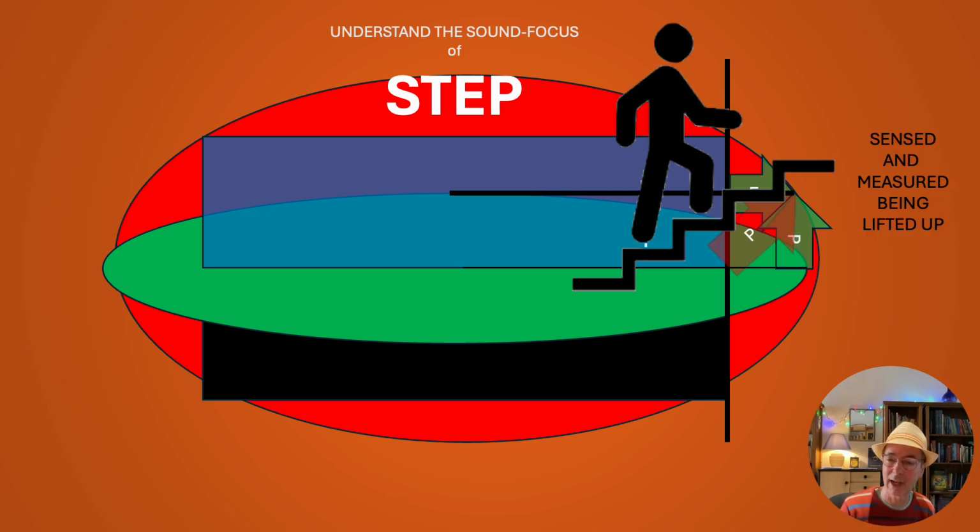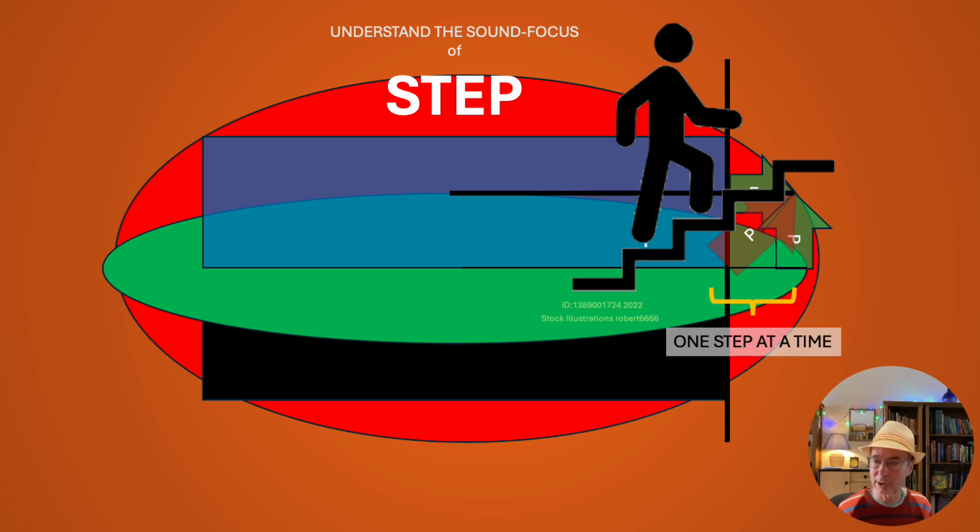The step is actually this measurement which you first sense and perform as well in this case, but you sense it first, then you go to the measurement itself, and then you have that amount of lifted up placement as well that you have in the results at the end. It's just one step. So this is one step at a time.